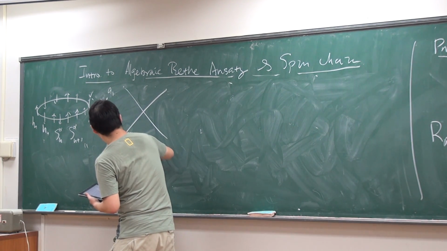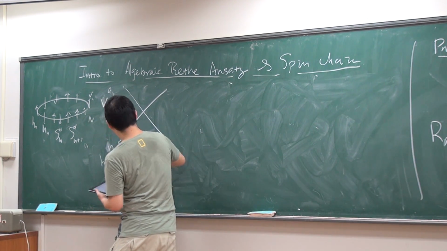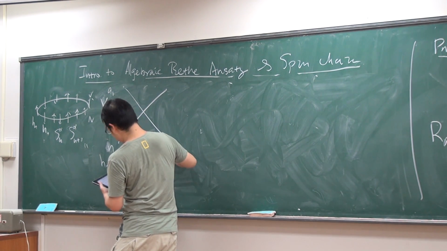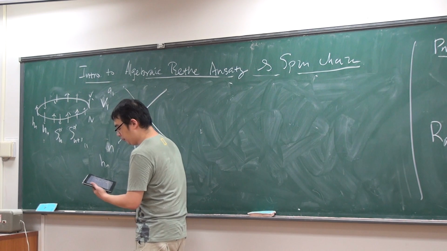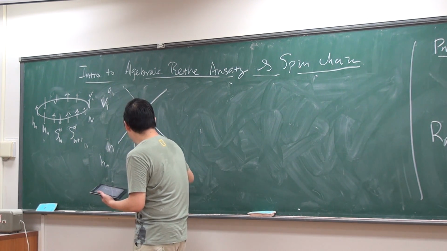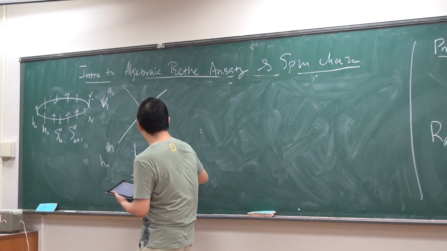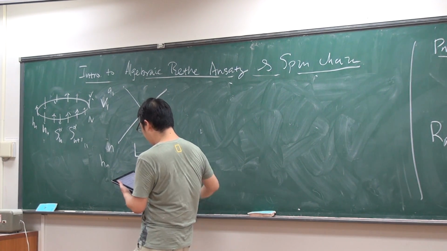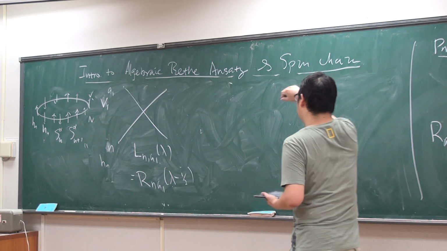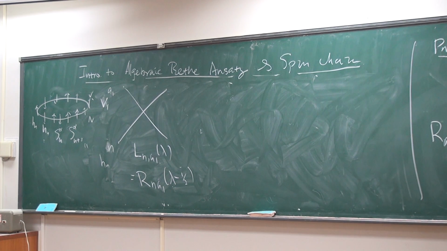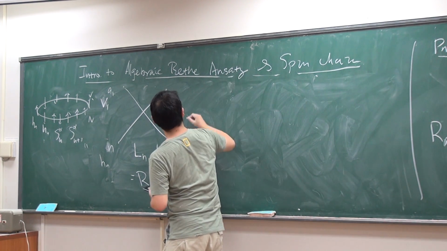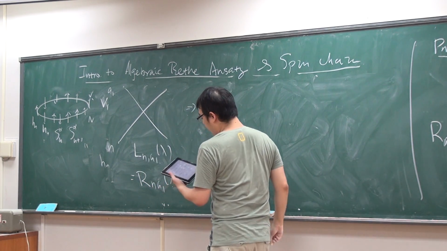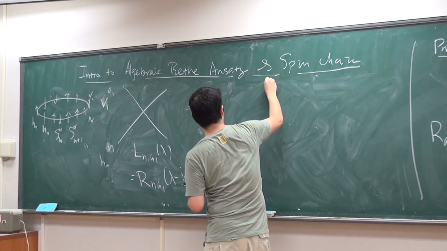We'll be denoting this as nA1 because we have V1 here, and of course this is equal to R_nA1(lambda - I/2). This relation can be represented by the following diagram. See if I can draw this correctly.